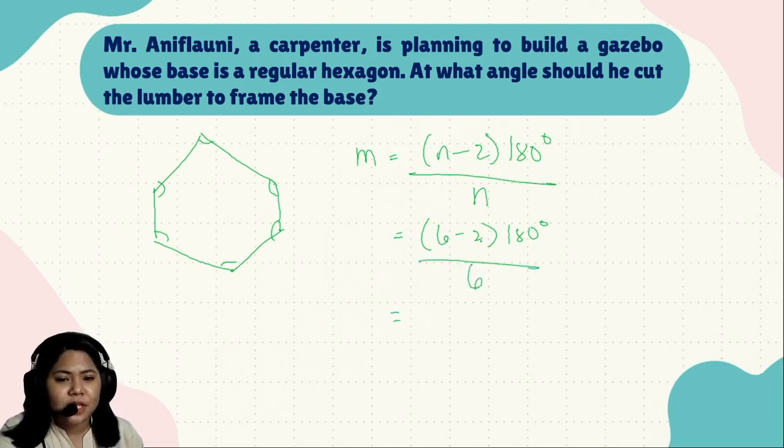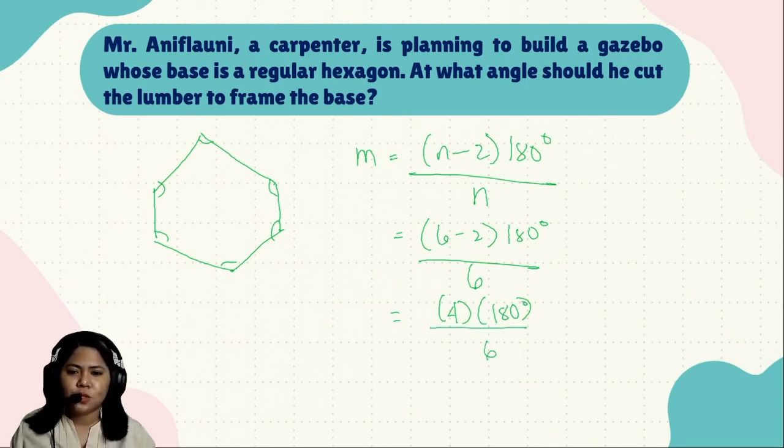PEMDAS rule, 6 minus 2 muna. 4 times 180 degrees. Divided by 6. What's 180 times 4? Okay, so 180 times 4 is 720 degrees.